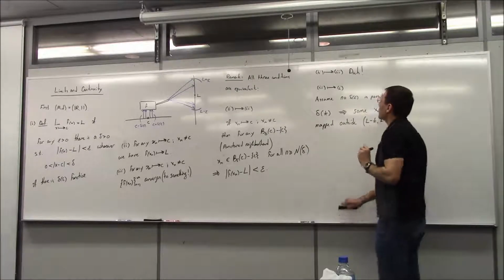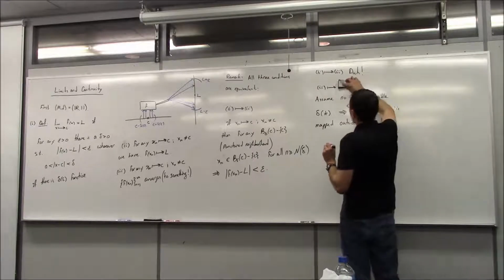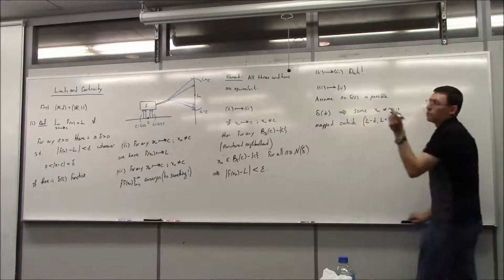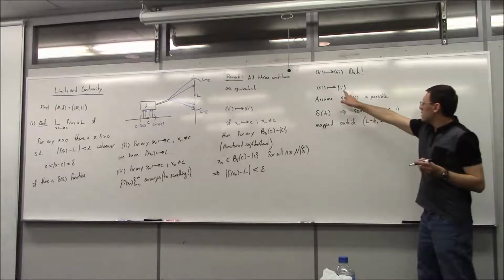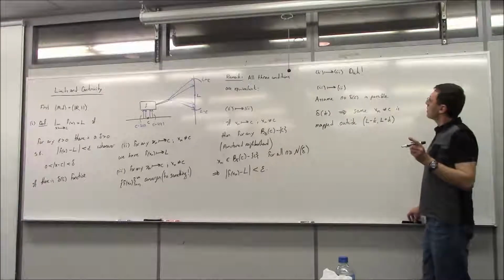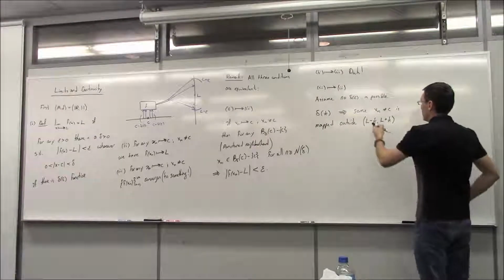Maybe the argument would be easier if I write it like this: 3 implies 2 and then 2 implies 1. So outside of this, okay?